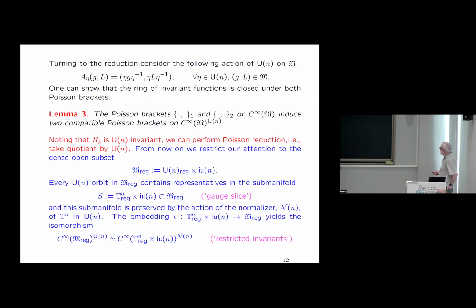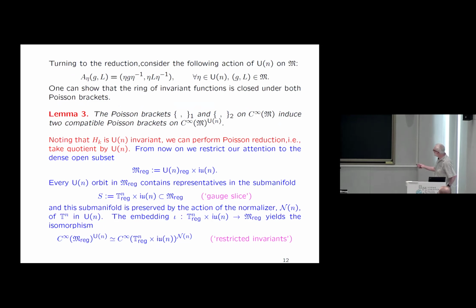Okay, so now I have this bi-Hamiltonian system on the cotangent bundle of UN, and now I'm going to apply reduction to this system, in the same way as Dima was explaining a week ago. So basically, the reduction means that we have to specify a symmetry group. In this case, the symmetry group is UN, and we let the group UN act on our phase space in this manner.